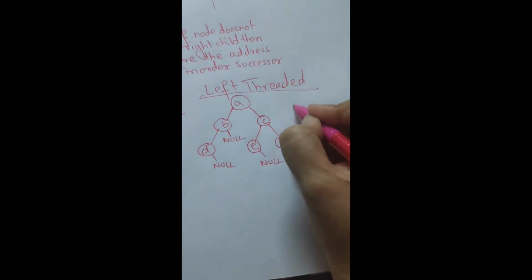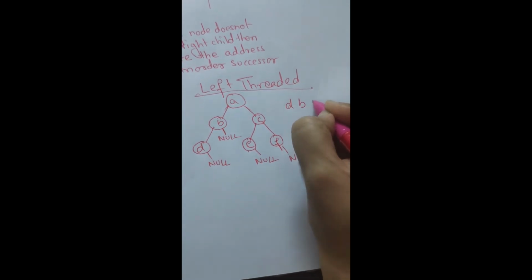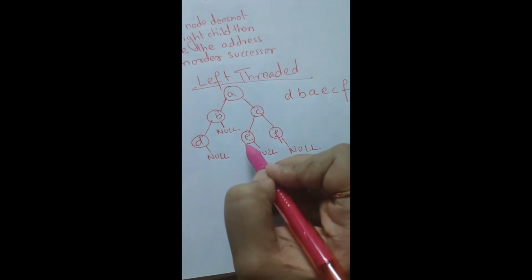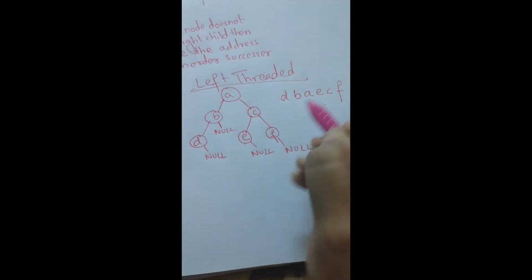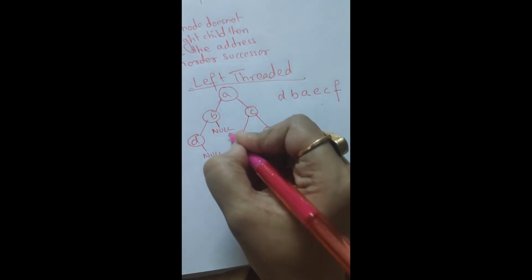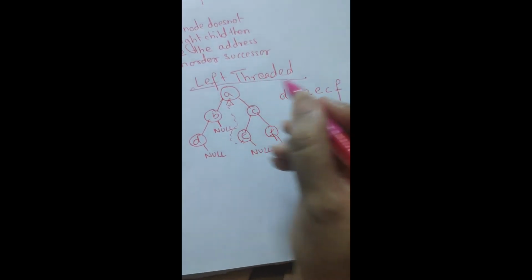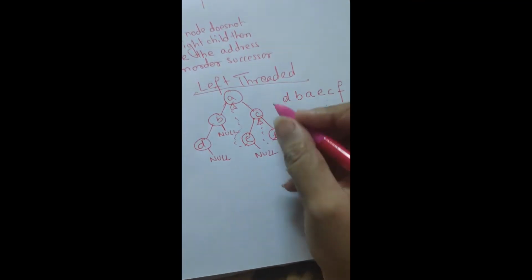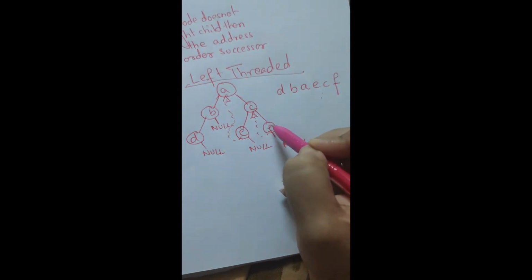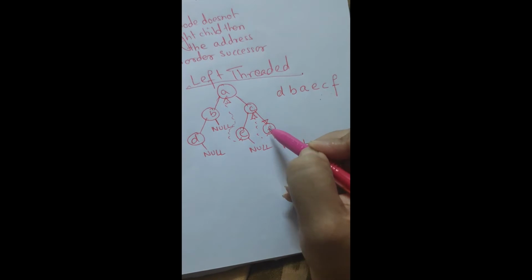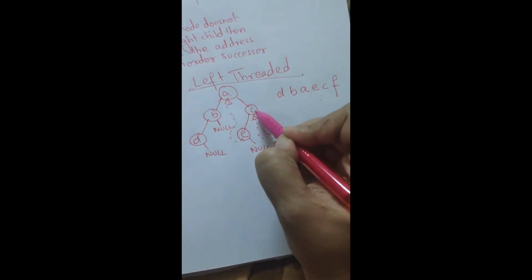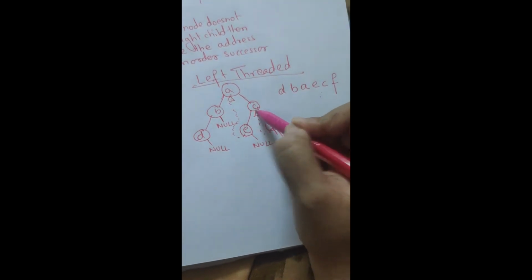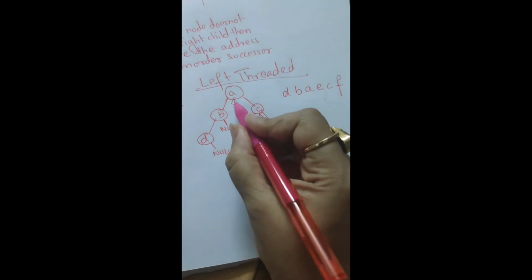In-order traversal of this tree is D, B, A, E, C, F. So the in-order predecessor of E is A. So this will be pointing at A. In-order predecessor of F is C. So this will be pointing back at C. You see, till now C was pointing at F and there was no way F was pointing back at C. But in left-threaded binary tree, F is pointing at C, E is pointing at A.